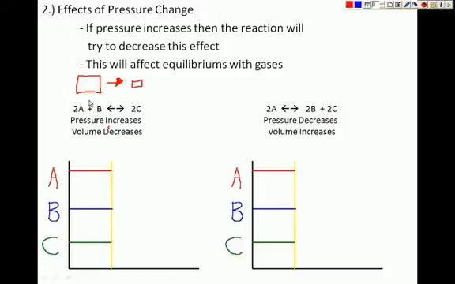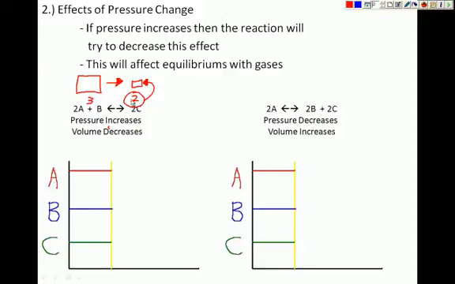So what we can also look at is how many particles of gas we have here. So we have two A's and one B. So we have 3 particles of gas here, and 2 particles of gas right here. So if the volume decreases, we have a smaller box, and we want to put smaller things into smaller boxes.